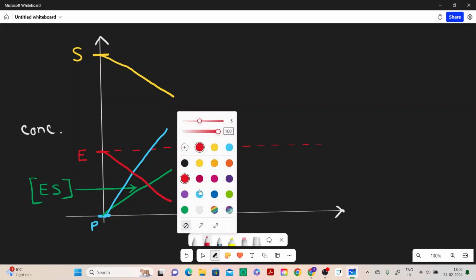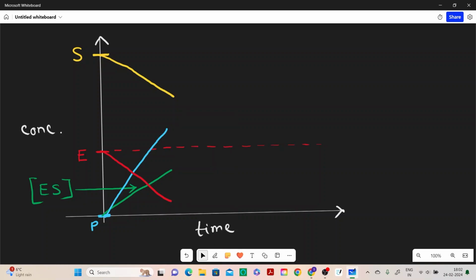As time passes, the concentration of enzyme-substrate complex will reach this plateau. Why? Because the amount of enzyme-substrate complex inside the reaction mixture can never go beyond the total number of enzymes, right?